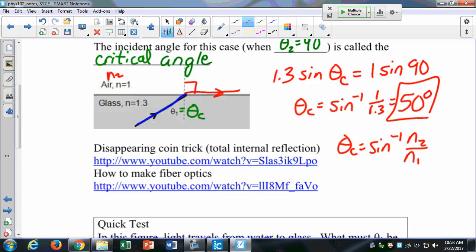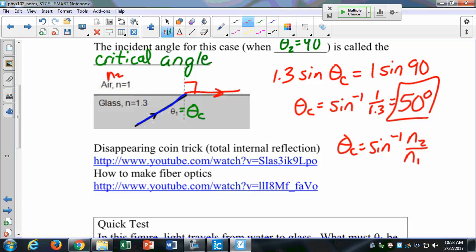It is? Okay, this thing right here. Yeah, so this is referring to the critical angle. But notice that it's just a special application. So you need to know how to calculate the critical angle, and then also know that what happens is that my second angle, my theta 2, goes to 90 degrees.